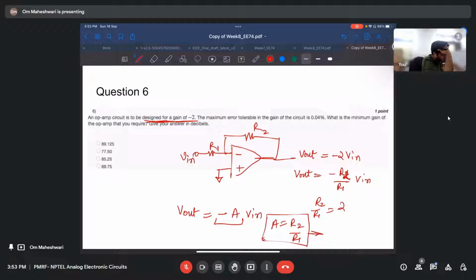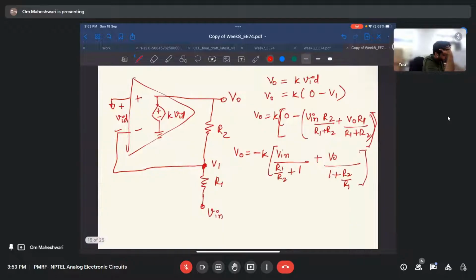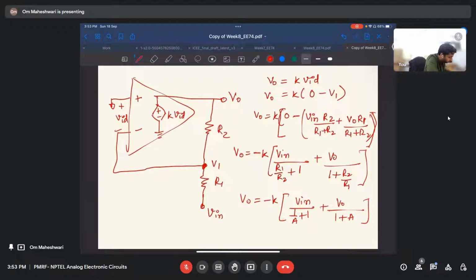I'll replace this A there as R2 by R1, equals minus K V in by 1 by A plus 1 plus VO by 1 plus A. Okay, so VO equals minus K A times V in by 1 plus A plus VO by 1 plus A.